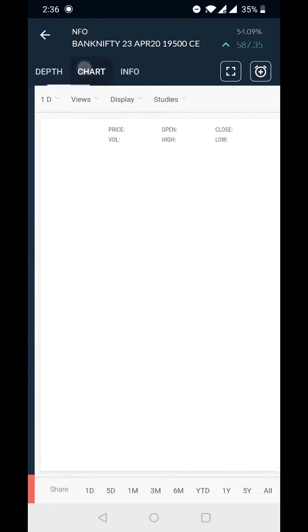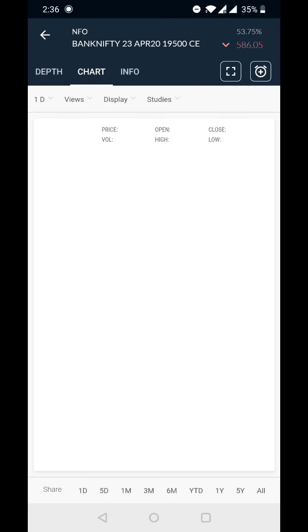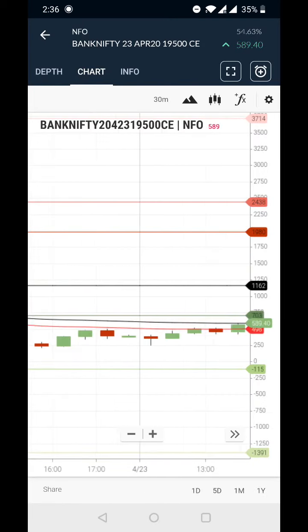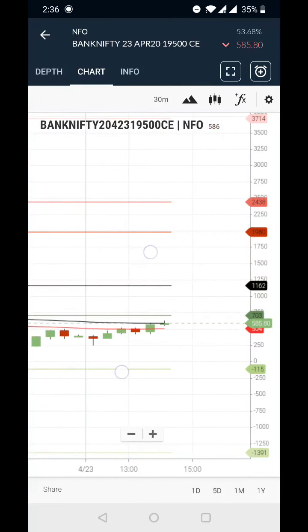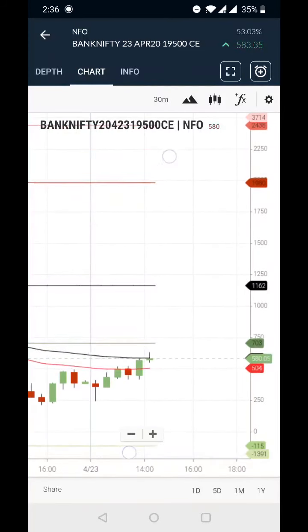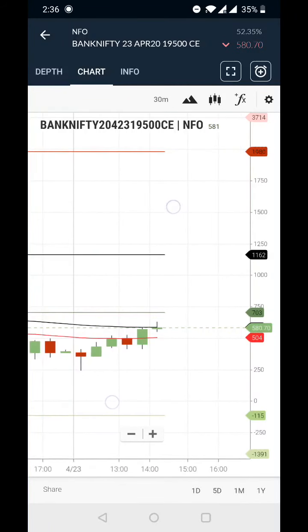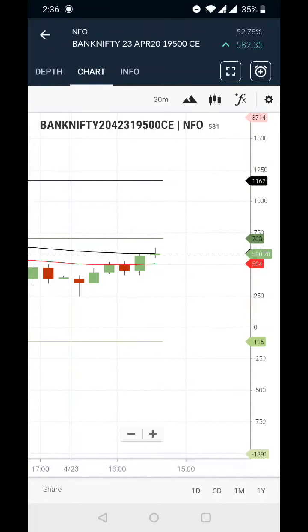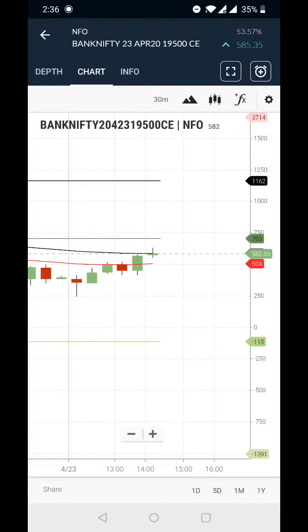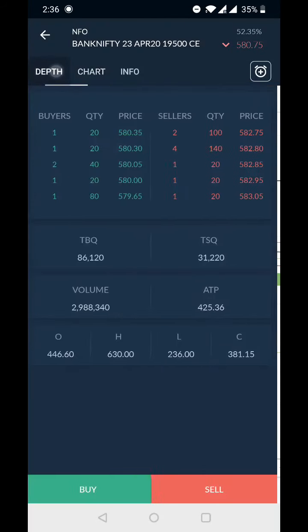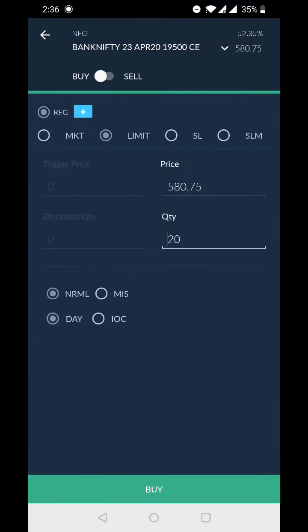Right now if you look at the chart here, with all the indicators on, it's looking a bit risky right now, but definitely it's a buy. Let's say we want to buy and you want to set a limit.